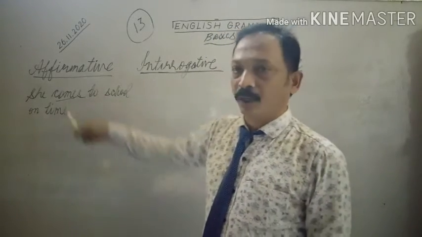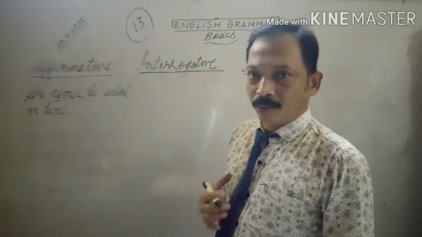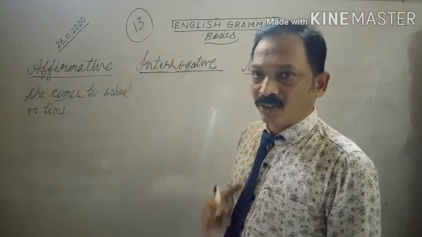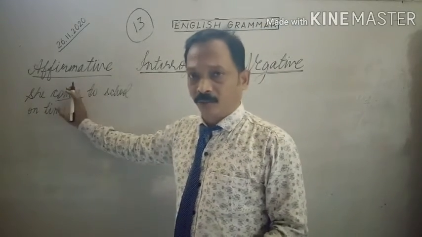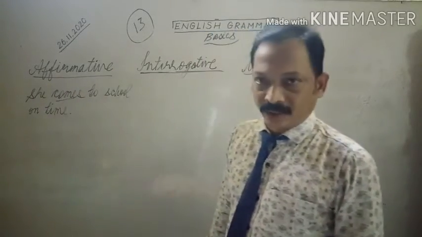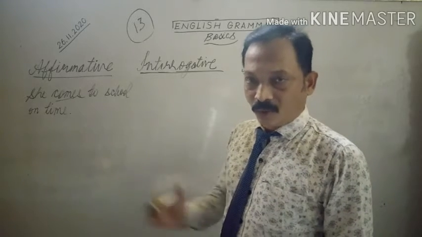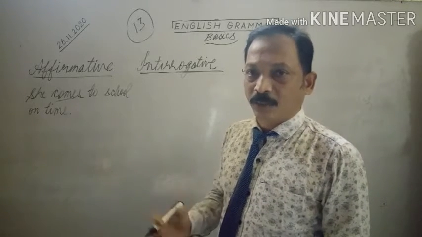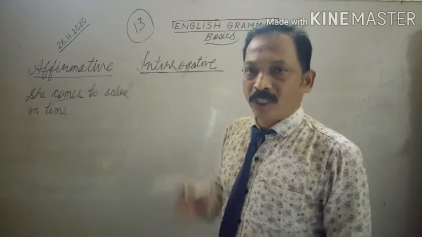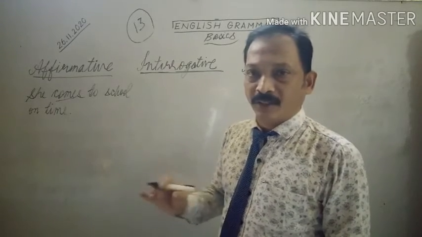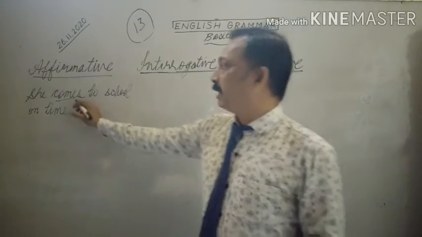It is not possible here because it is a main verb, so you have to take out the helping verb by breaking the main verb. Comes means does come, goes means does go, eats means does eat, writes means does write, jumps means does jump, runs means does run. Does is hidden here.